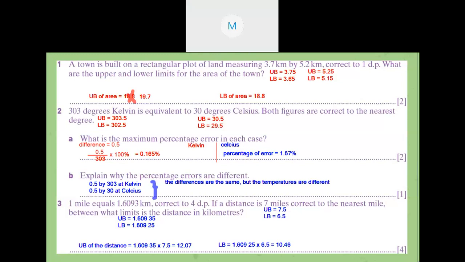So the maximum percentage error here is the same. For the number 303.5, if I round off to the nearest whole number, it will not be equal to 303, right? It will be equal to 304. So that's why it says maximum.